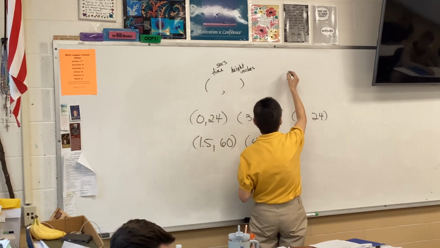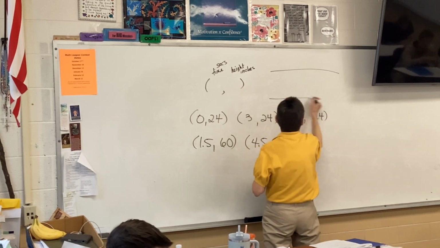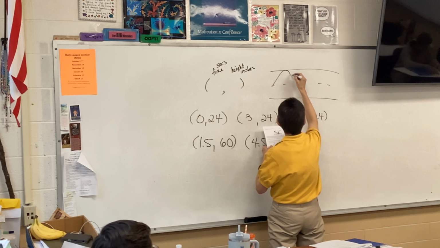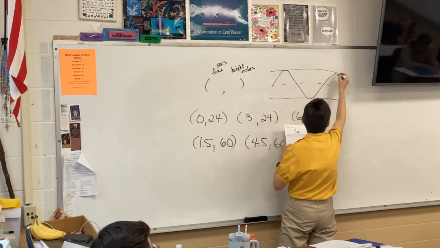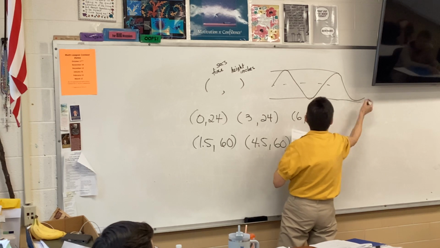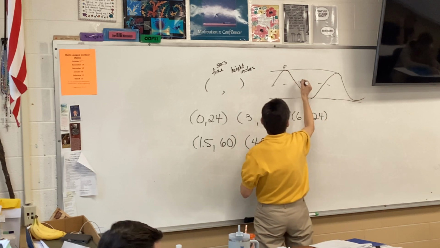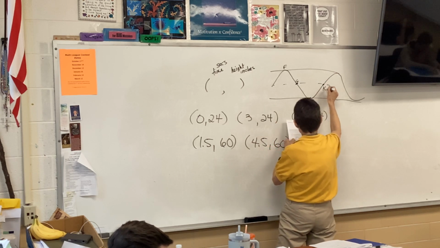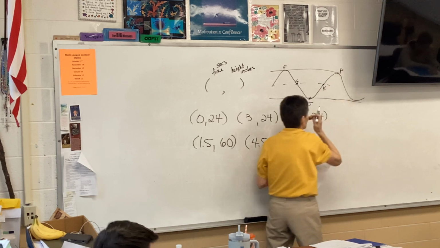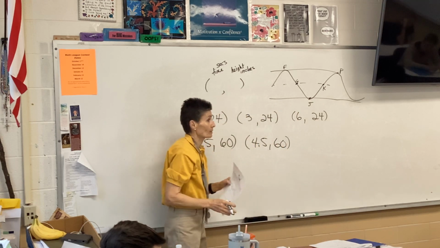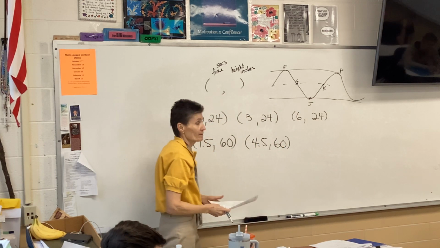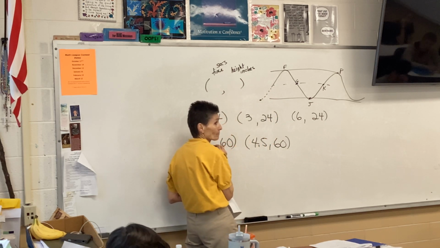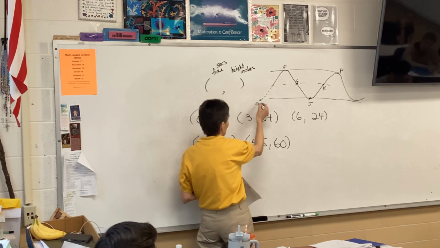Now, we have to put those on our grid that he has done and labeled for us. So we have points F and G and J and K and P. Now think about this for a second. If I extended this line down here, could that be my point 0, 24?